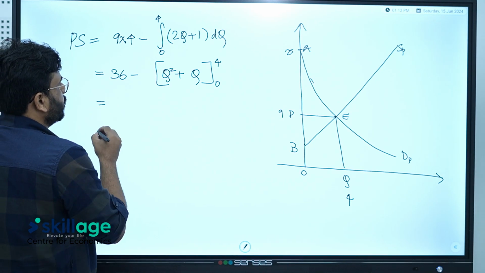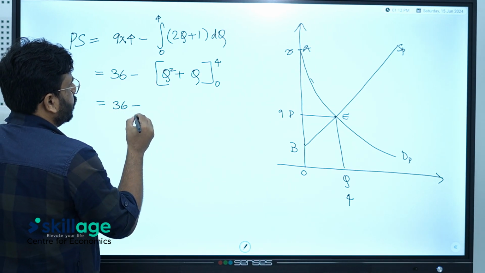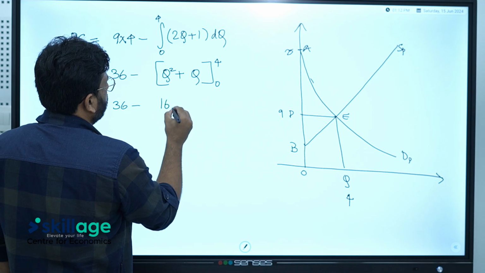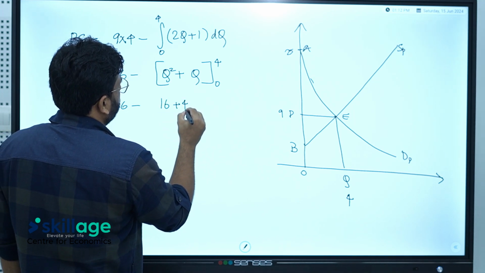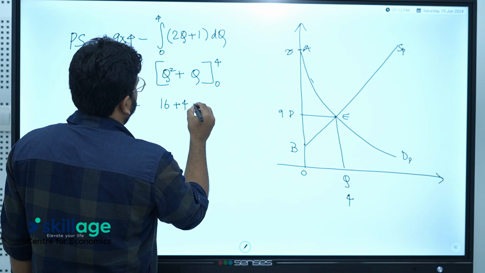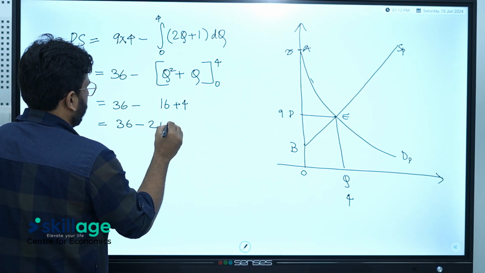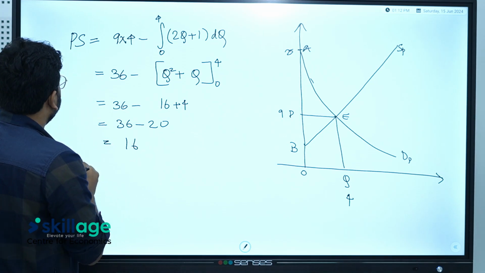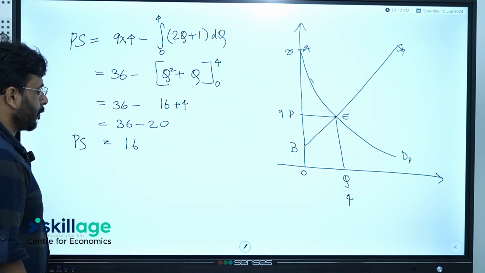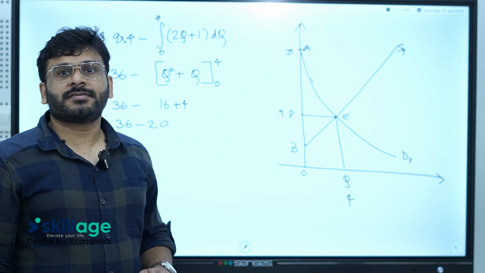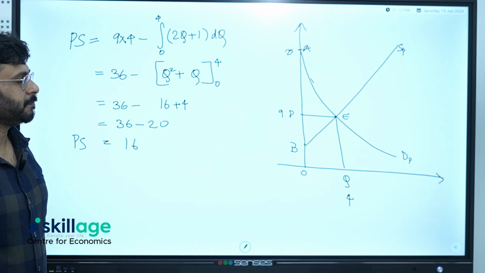Let's solve for this. So, your producer surplus is just the value 16.